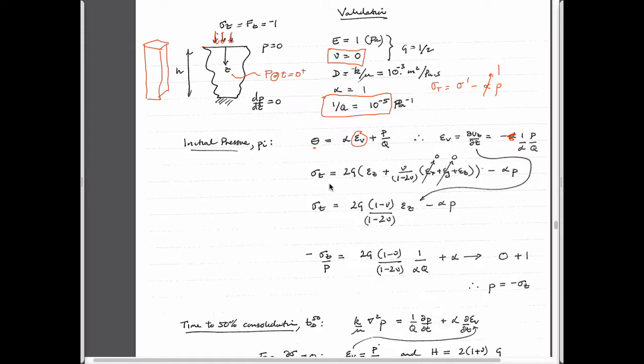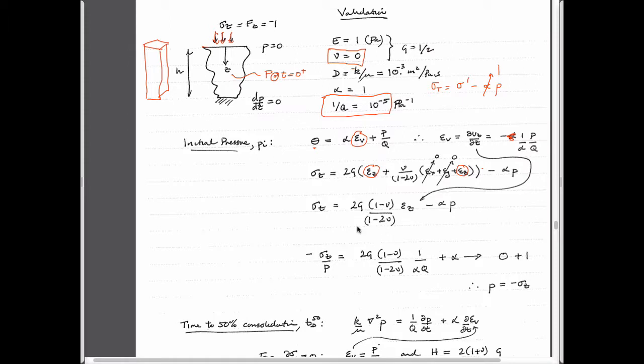If we write the constitutive relationship down here in terms of the vertical strain and the horizontal strains together, this will not be 0. This is not necessarily 0. And so we can rearrange this expression just by accommodating these two terms together.